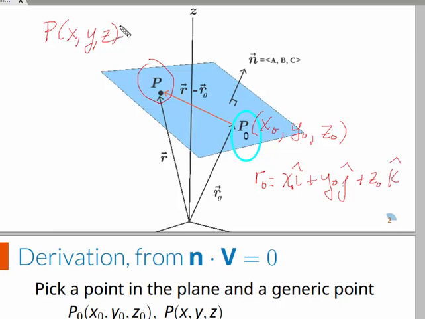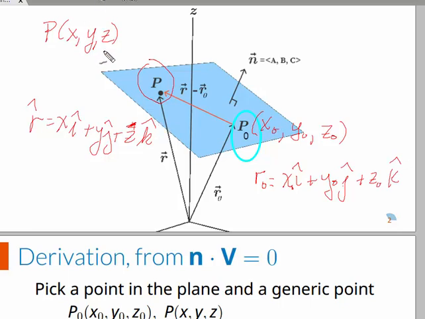Now the idea is that once we develop this and write a certain equation, then every x, y, and z that satisfies this equation lies in the plane. Right now, it's just a generic x, y, z. So this position vector is x i plus y j, and z belongs over here on the k.